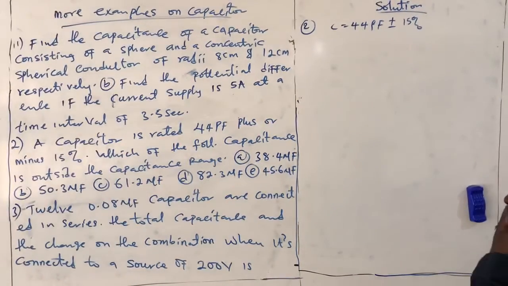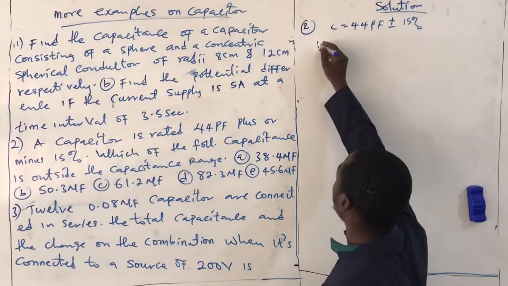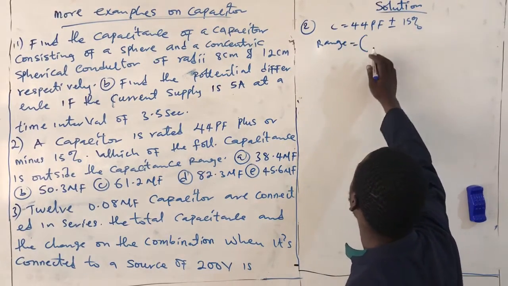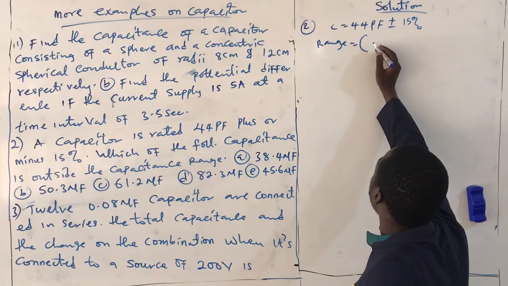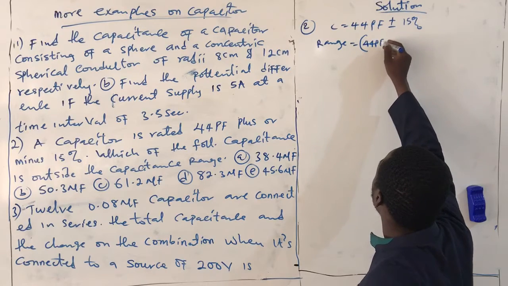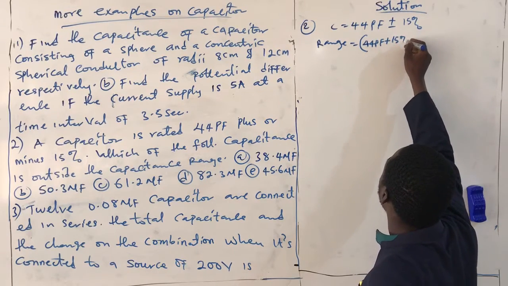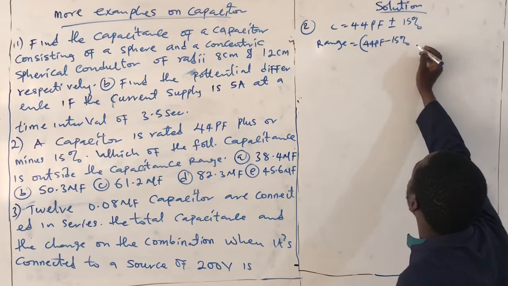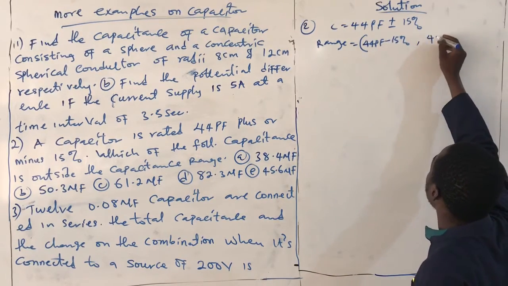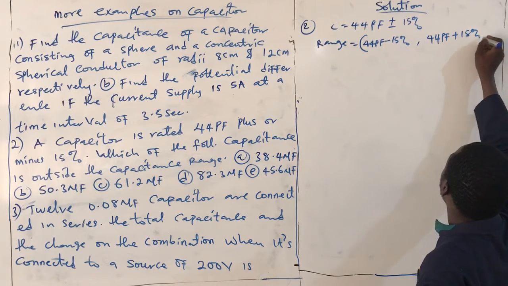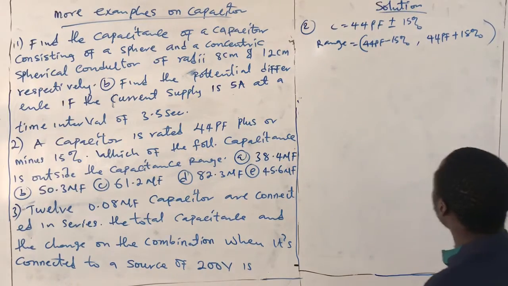We want to know which of these is in the range. The capacitance range will be equal to 44 picofarad minus 15%, which is the minimum value we can get, and 44 picofarad plus 15%, which is the maximum value we can have.